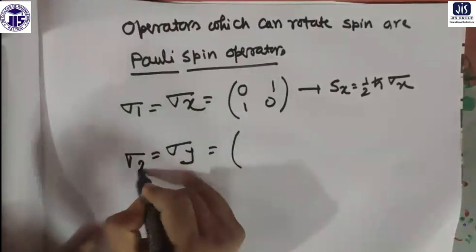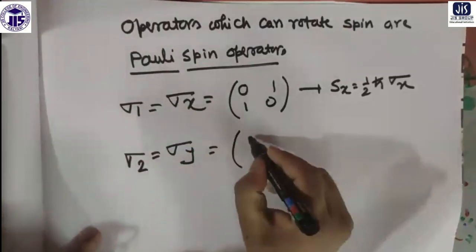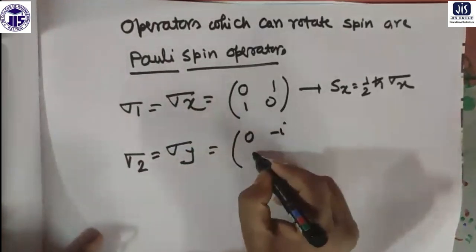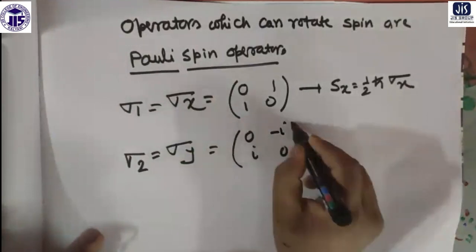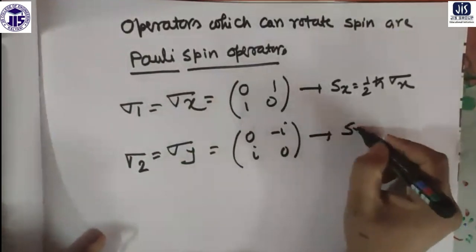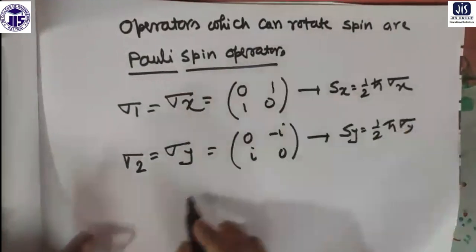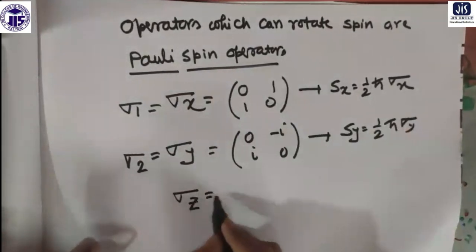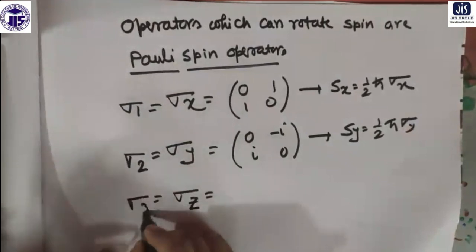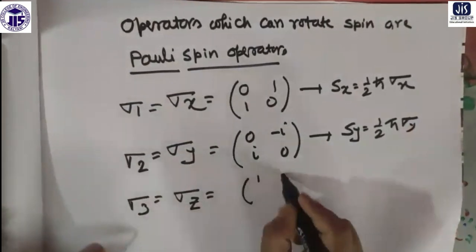This is sigma 2. And there are three Pauli matrices. In the examination you will be asked to write these down. Many times it has come.